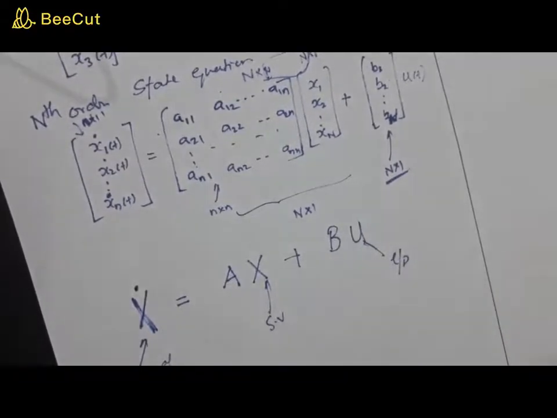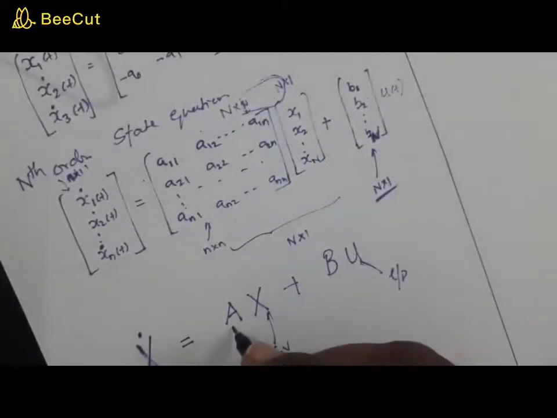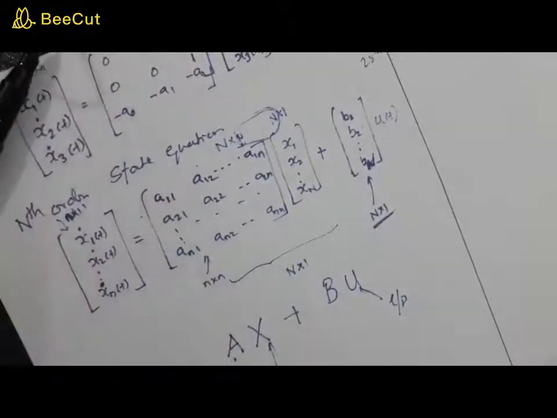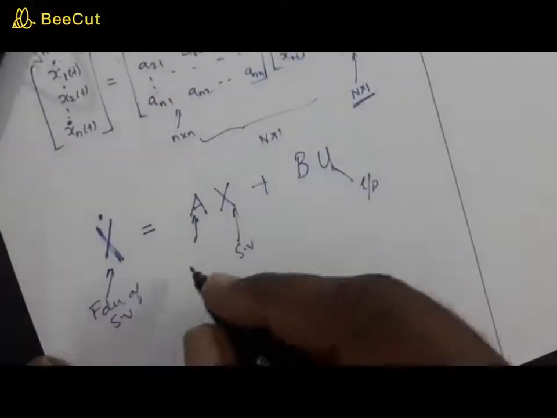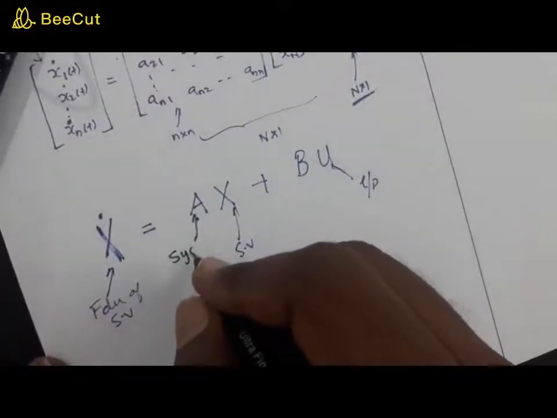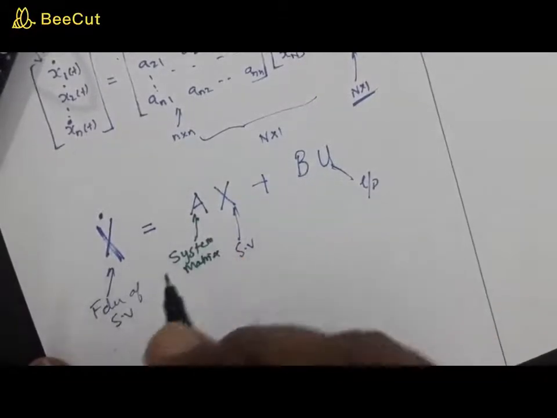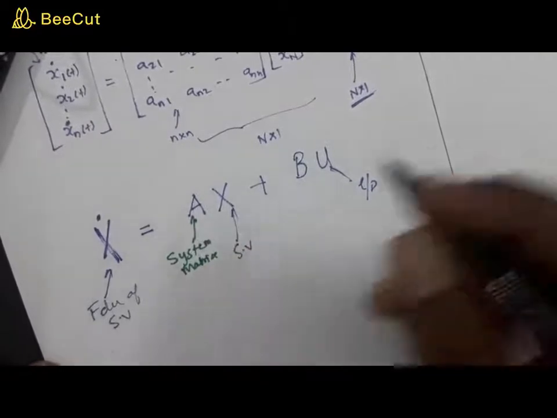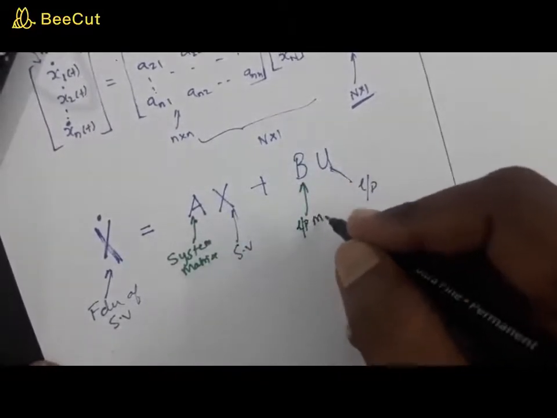Now you have matrices A and B. What are these called? A refers to the system. This one is called the system matrix, while B is called the input matrix.